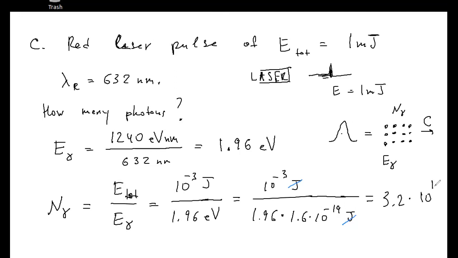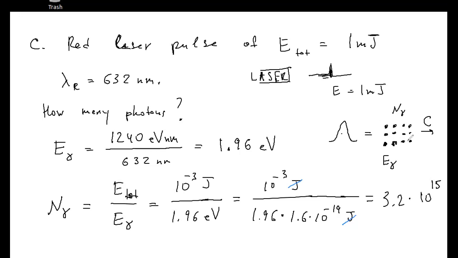Can someone confirm this? So basically, we have a tiny energy of one single photon, a tiny particle, but you have a lot of them, 10 to the power 16. And at these wavelengths, they form a pulse of 1 millijoule. So when we were talking about the photoelectric effect, this is how light should be considered.